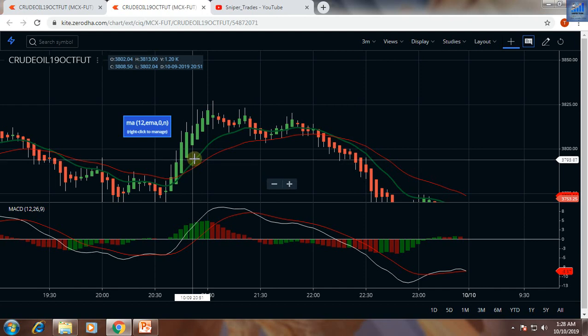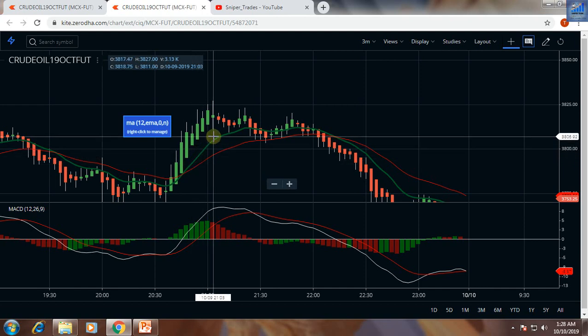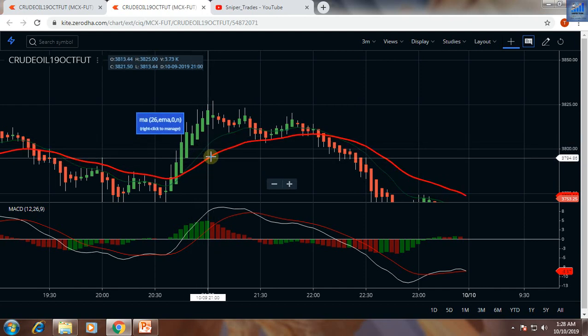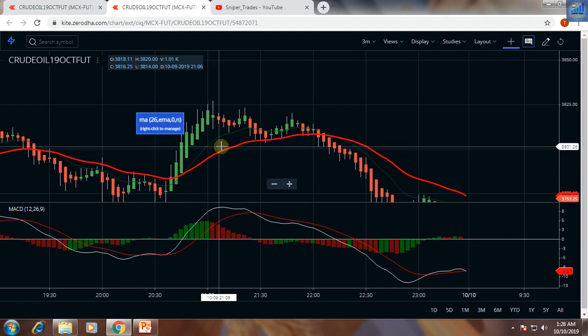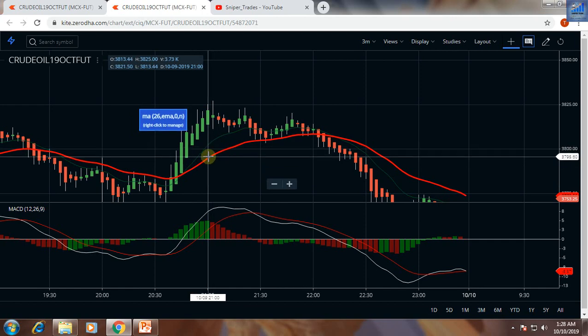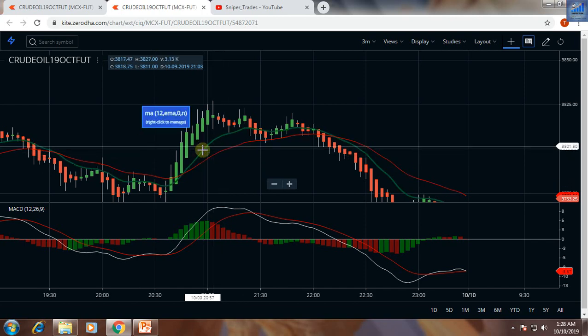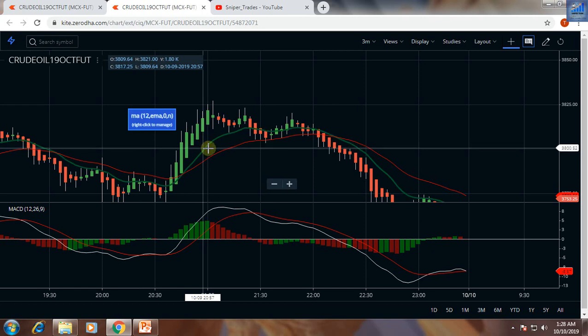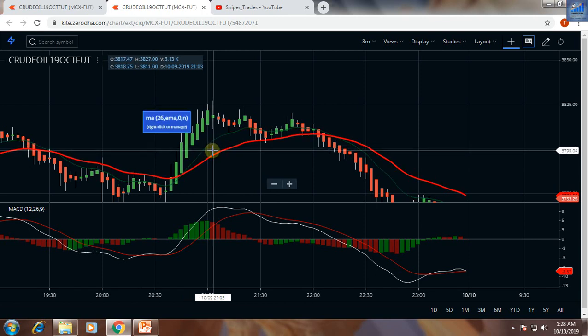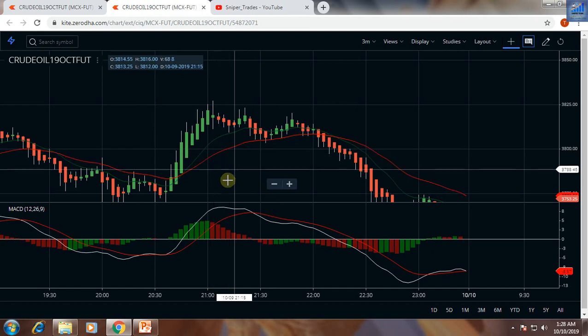So the green line goes up first and then the red line moves up. The slower period moving average, the 26 period exponential moving average, the red line, is rising slowly as compared to the faster period moving average, the green line. So that is what we have to know first.